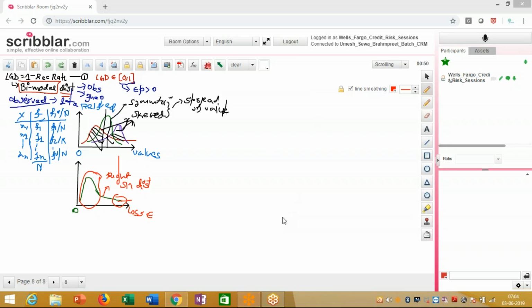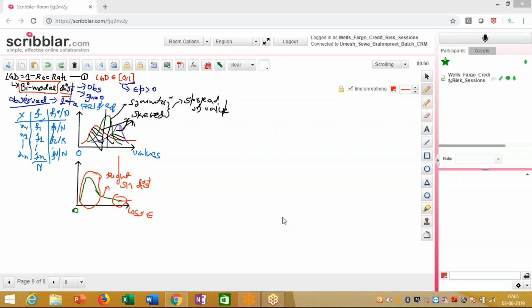Now, in credit risk, most of the distributions that we generally use would be right skewed in nature. The reason being that in risk, because it's so predictive, it's so managed, most of the loss figures that we would see occurring would be small, of relatively smaller exposures, whereas the larger exposures would have very less chances of occurring.